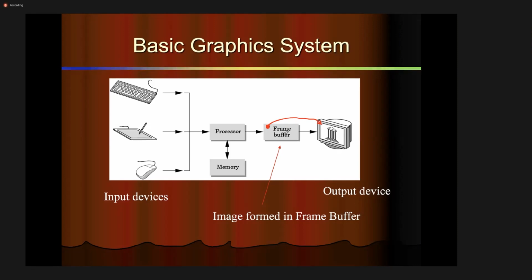Now there is another situation, which is about video. I'm talking about this particular diagram a little bit because you have to understand it. When a video is going on, the video consists of many frames. Within one second, multiple frames are changing.